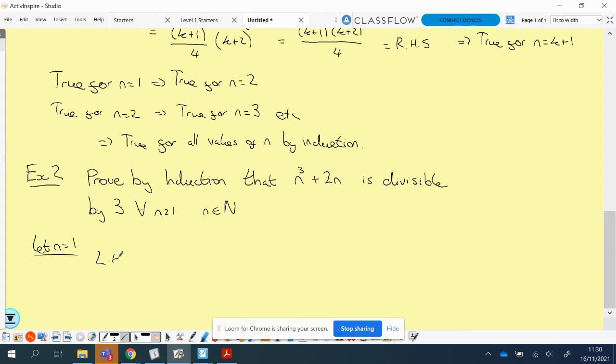So the left hand side, well, there's only really one side here, so I don't really need that, but it's maybe just good notation to keep hold of. Left hand side, if I put 1 into that, that's going to equal 1 cubed plus 2 lots of 1. That's 1 plus 2, which is 3, which is divisible by 3.